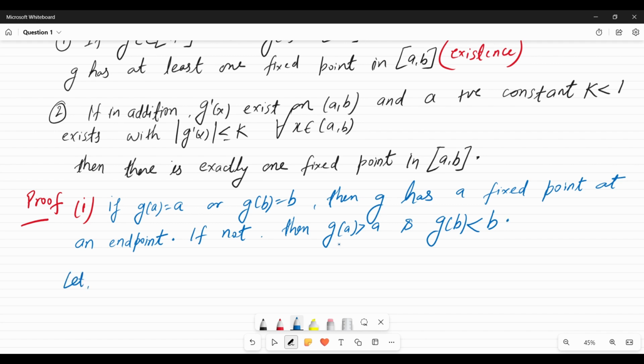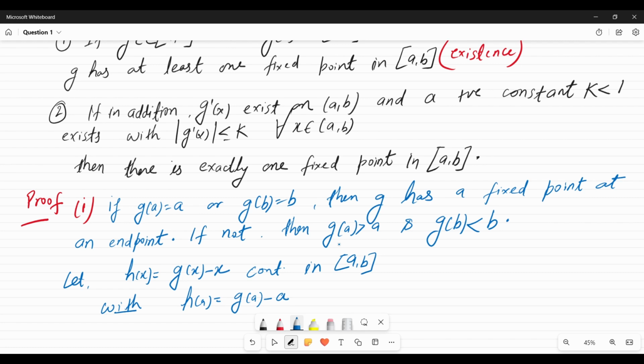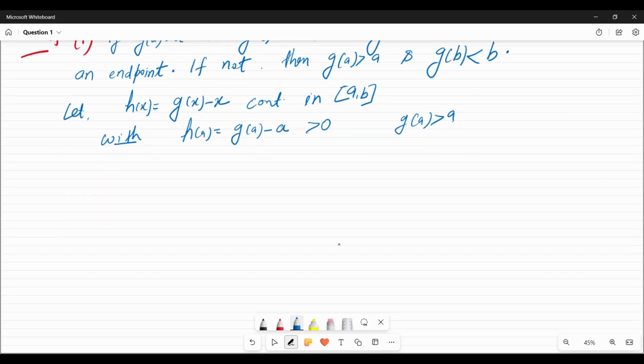So now let's assume a function h(x), defined as g(x) minus x, which is continuous in [a, b]. Then h(a) is g(a) minus a, which is greater than 0, and h(b) is g(b) minus b, which is less than 0, so g(b) is less than b, right?